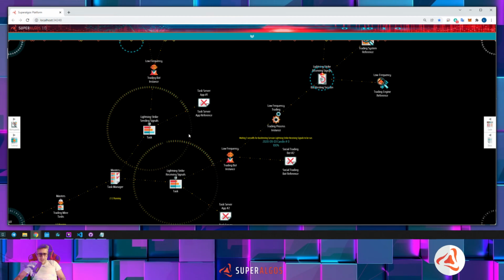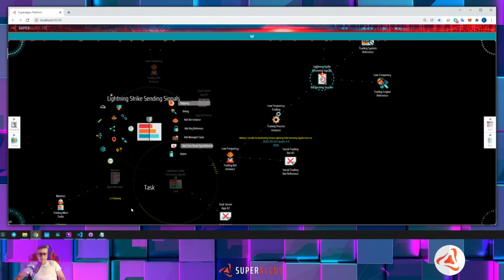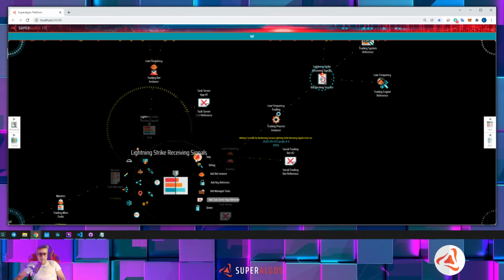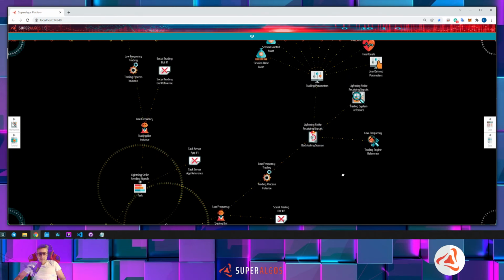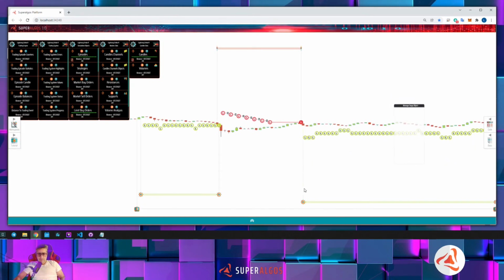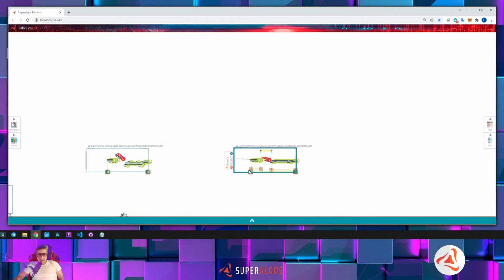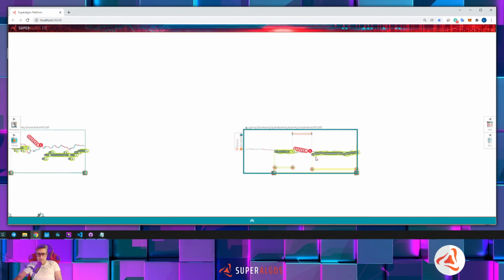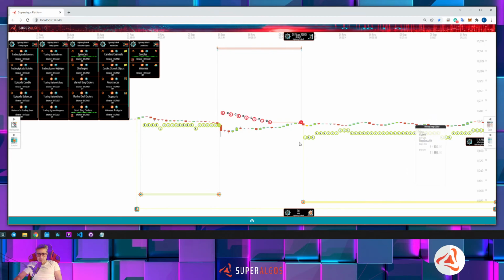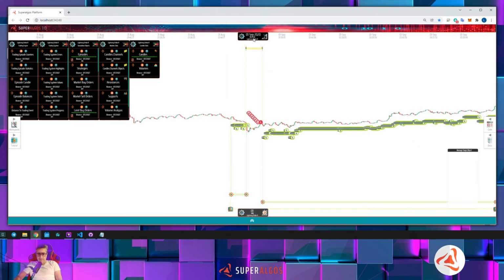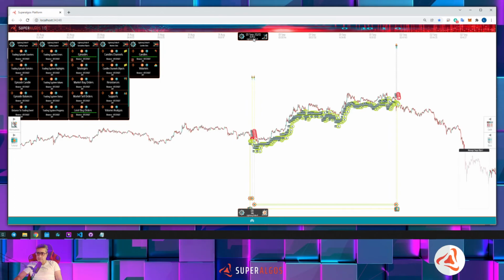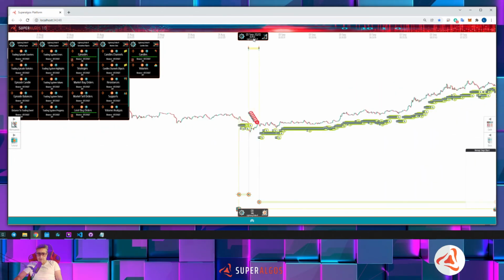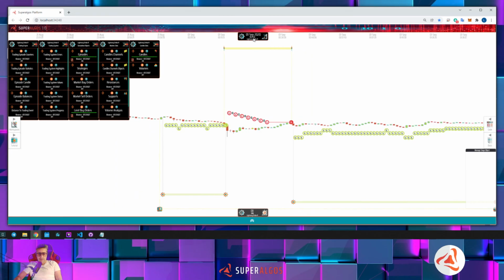Perfect synchronization. This looks perfect, man. They're exactly the same. Beautiful. Fully synchronized.